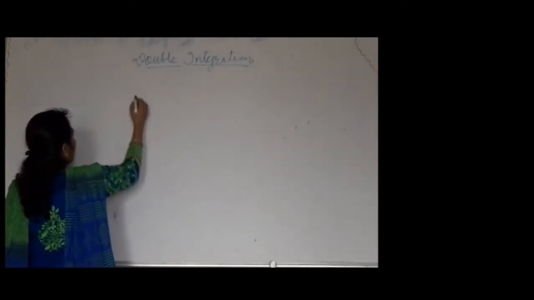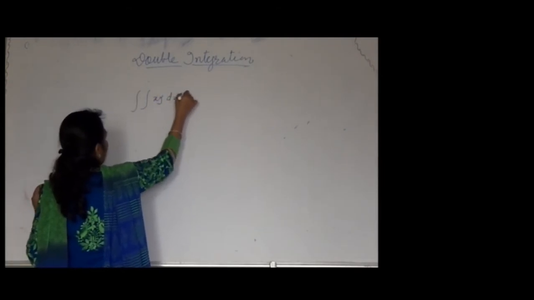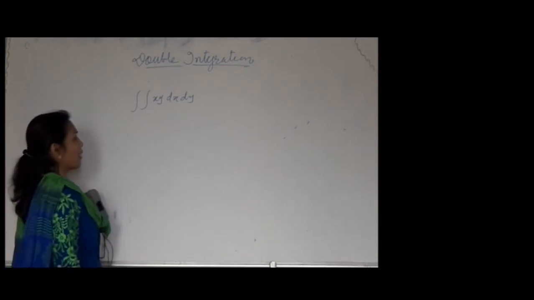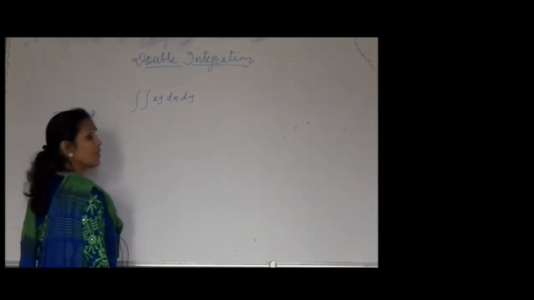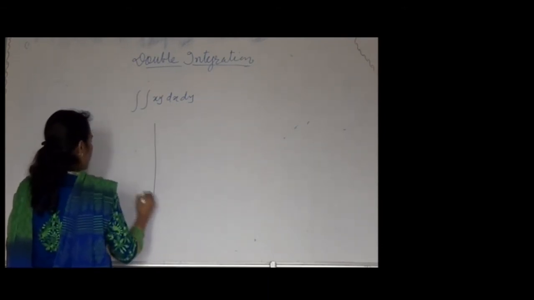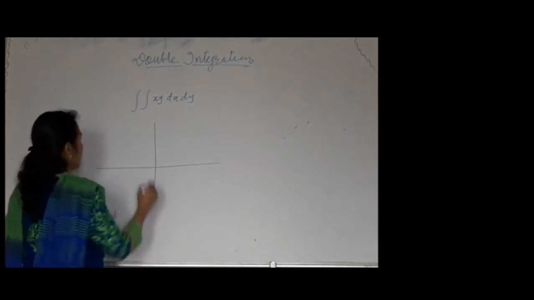Suppose the example is given: solve xy dx dy over the region bounded by some curves. Suppose I am going to draw one curve. All of us know the circle.